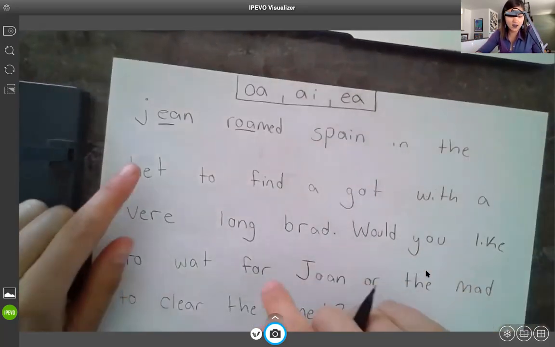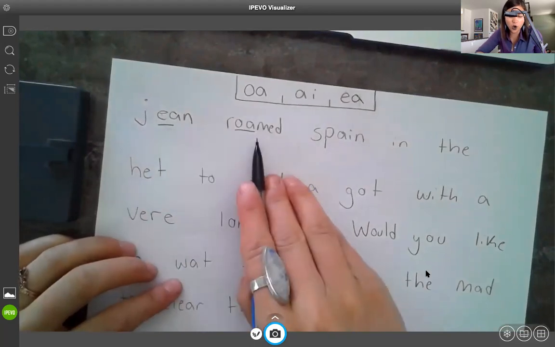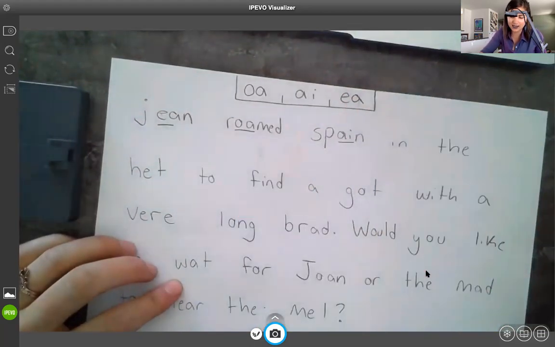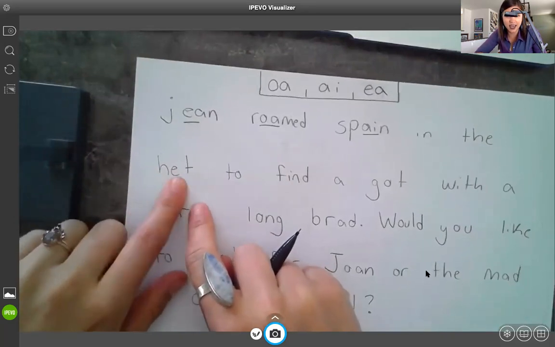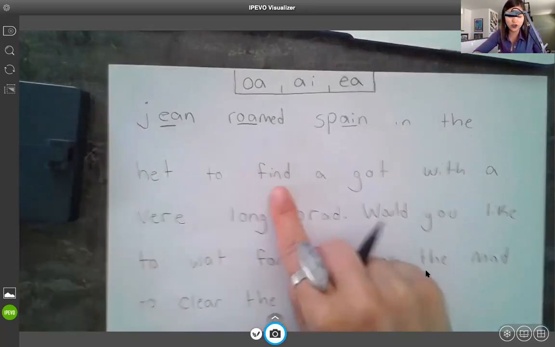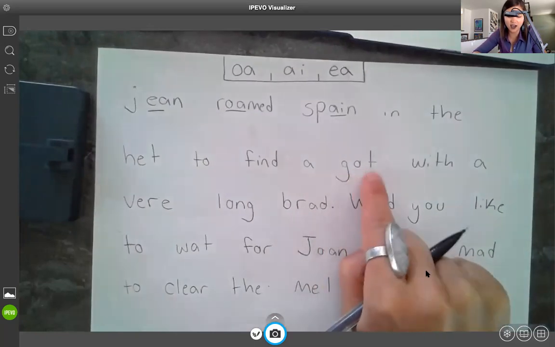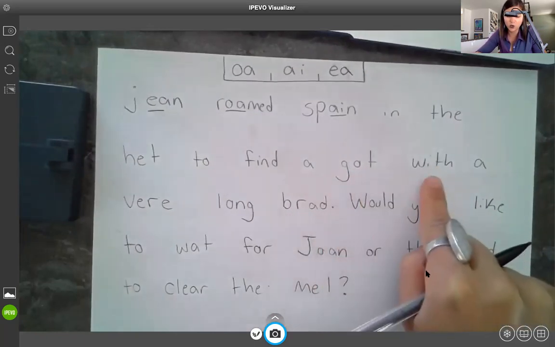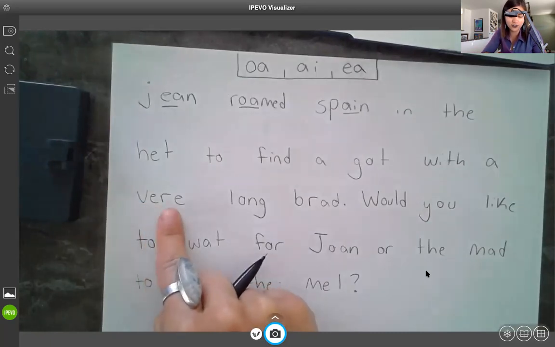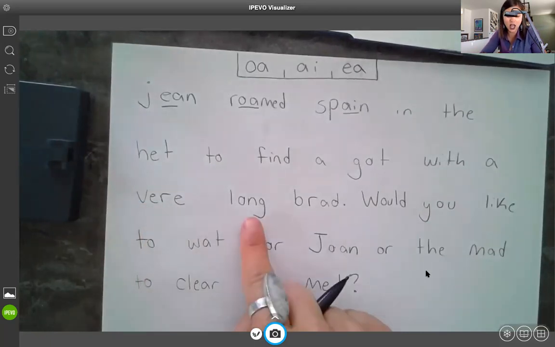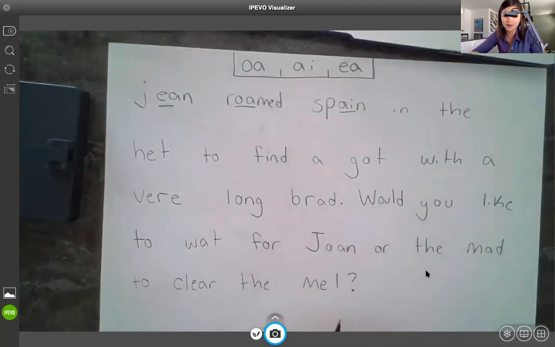All right, so Jean roamed Spain in the heat to find a goat with a long braid.